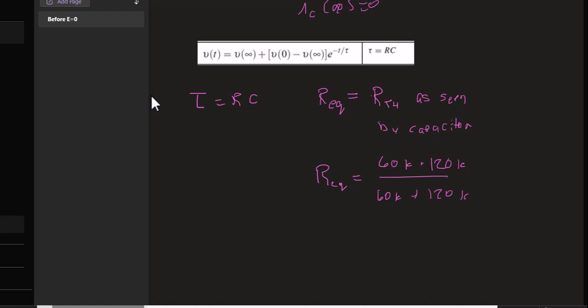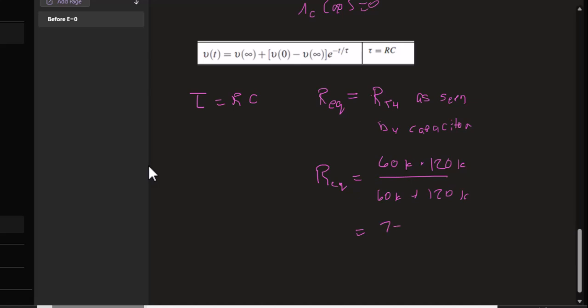The nice thing about those Ks is you'll notice on top they multiply together to give K squared. On the bottom you would add and you'd have K, so 1K would cancel out, and you'll just end up with K in your answer. So you can kind of just ignore the Ks when you do this and know that your answer will be in kiloohms.